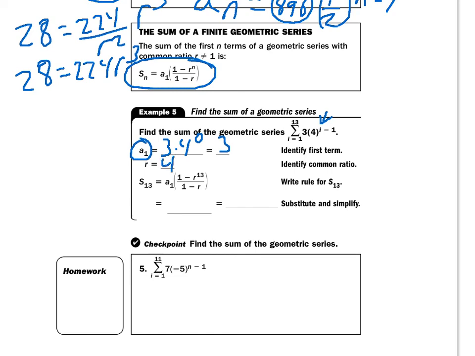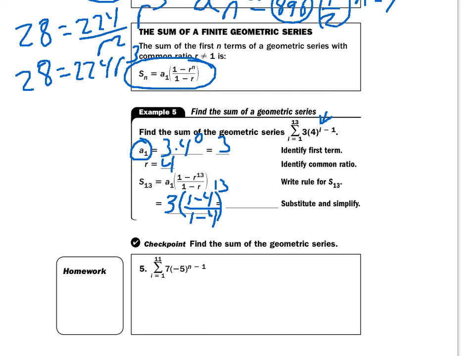So I put all this together. I have a sub 1, which we said was 3, times 1 minus 4 to the 13, that's going to be a gigantic number, divided by 1 minus 4.